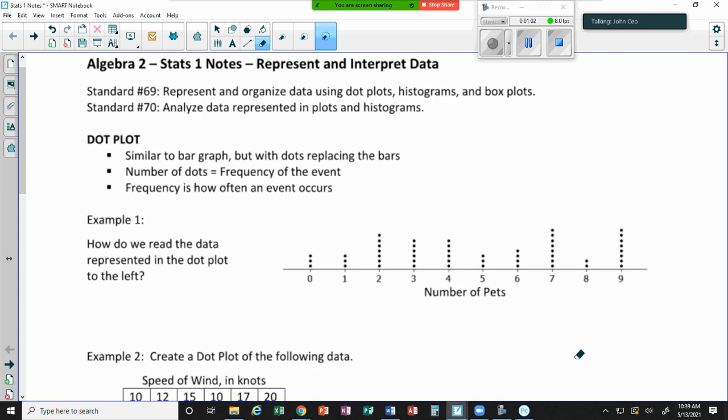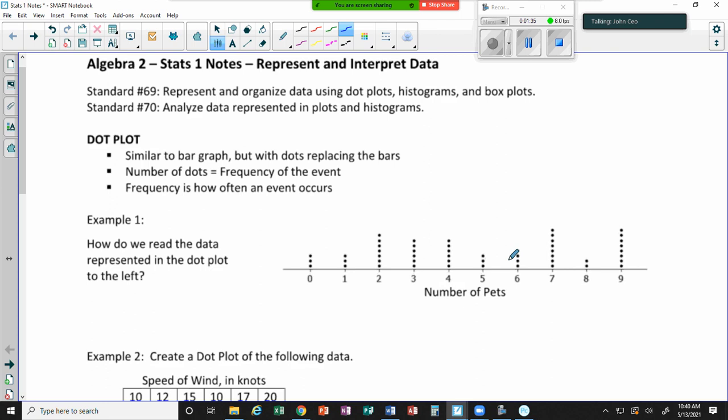So in a certain school class, or a survey was taken of some group of people, and they'll ask how many pets each of you own. So if I look at this, how many people own 5 pets? Take a look and see if you can determine how many people own 5 pets out of whatever that group was.